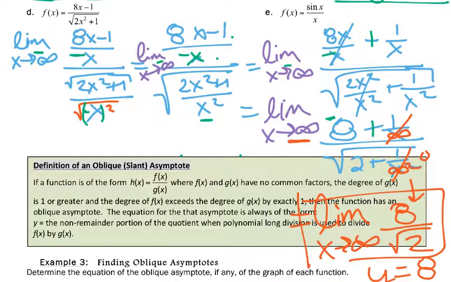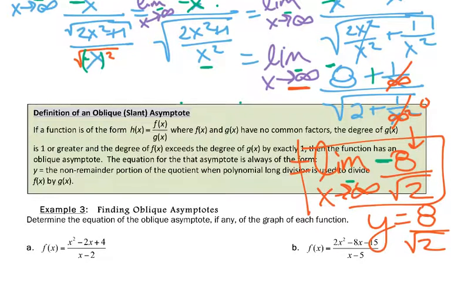Okay, so we still have the limit as x goes to negative infinity is negative 8 plus 1 over x, which now 1 over infinity goes to 0. And then same thing here, we still have the square root of 2 plus 0. The difference here is this becomes a negative 8 over root 2. So the horizontal asymptote is negative 8 over root 2 as x goes to negative infinity.